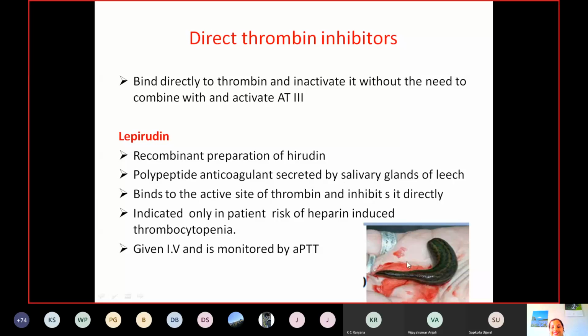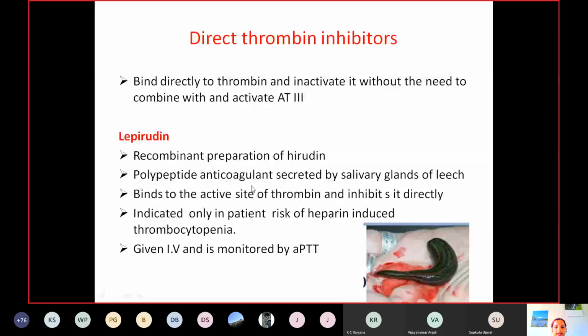So whenever we are stung by the leech, there is continuous bleeding. We cannot stop the bleeding because it has an anticoagulant component in the salivary gland. So due to this anticoagulant property, there is continuous bleeding. Lepirudin is the recombinant preparation of that same hirudin component.